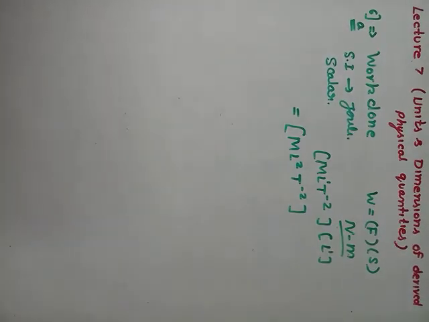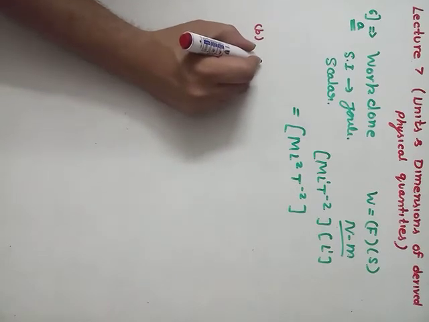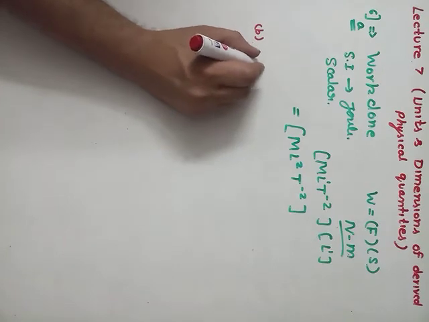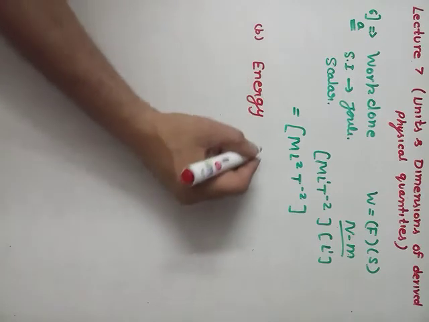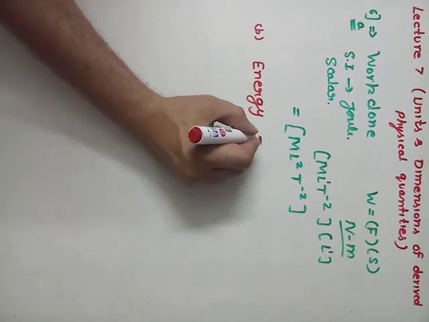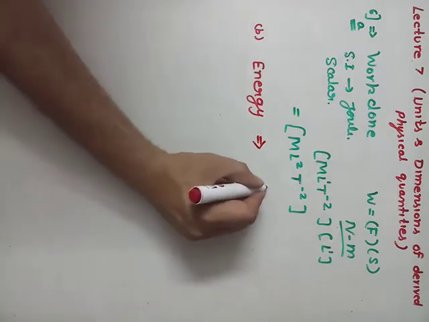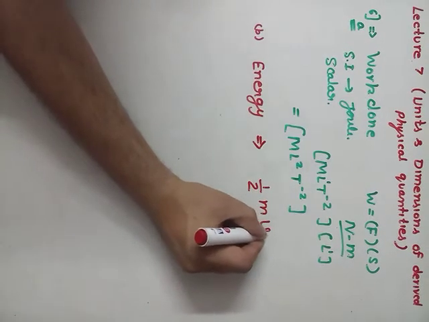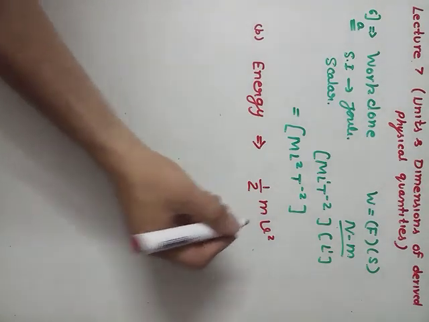The same dimensions are found for another physical quantity, energy. It is also clear from the work energy theorem that work done is transferred to energy, or energy stored is equal to work done. Any energy, whether kinetic energy, potential energy, electrostatic energy or chemical energy, has the same units and dimension. Let me take kinetic energy. First thing to keep in mind is that constants, integers, pi, theta do not have any dimension.